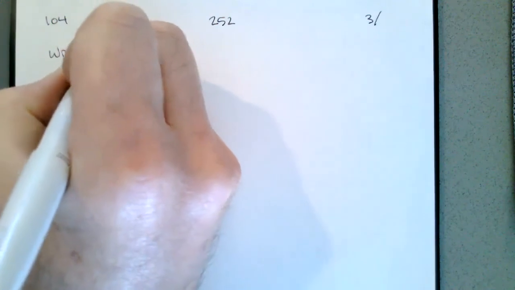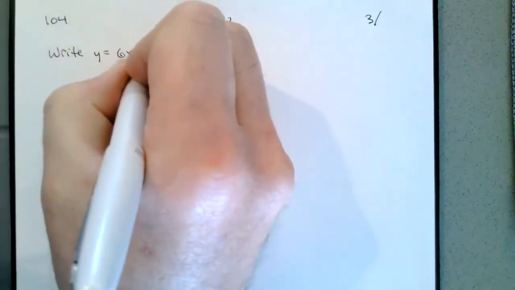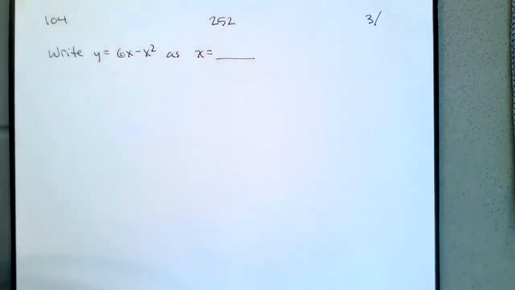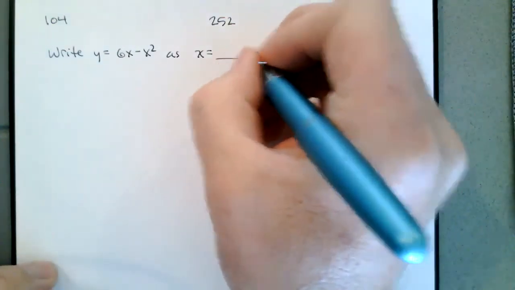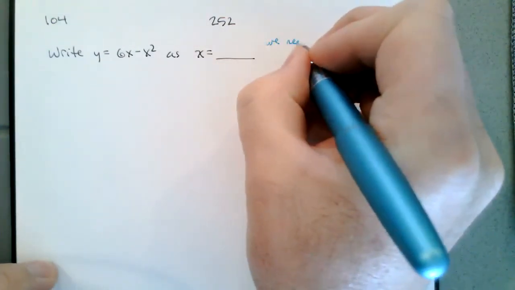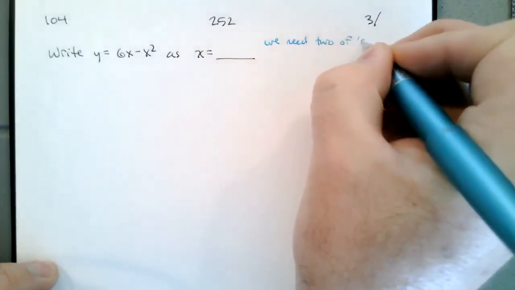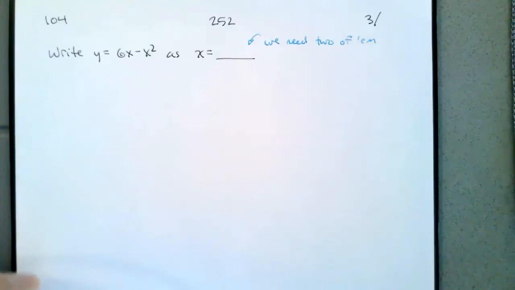So we still need to write y equals 6x minus x squared as x equals, and there needs to be 2 of them. We need 2 expressions for the x.